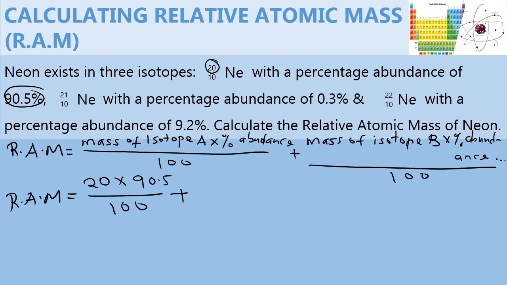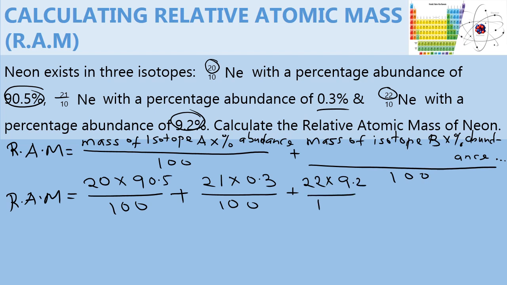Then we add the second one, which is 21 times 0.3 divided by 100, and for the third isotope, which is mass 22 and percent 9.2, divided by 100.